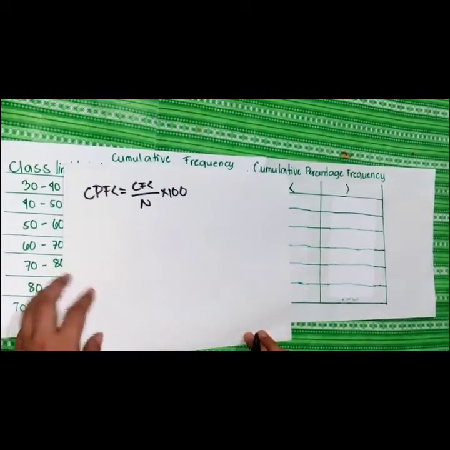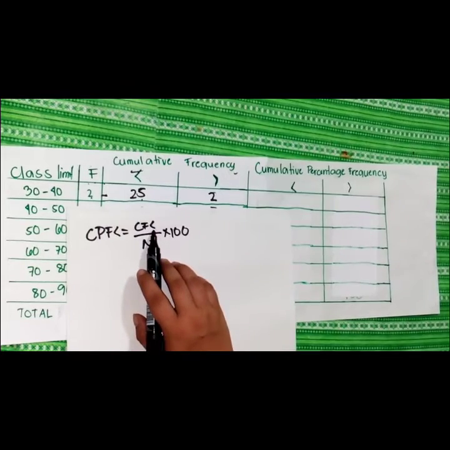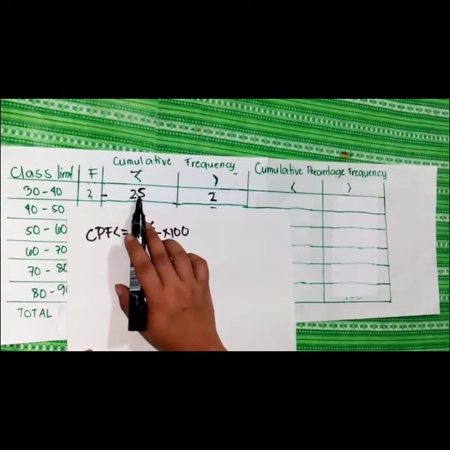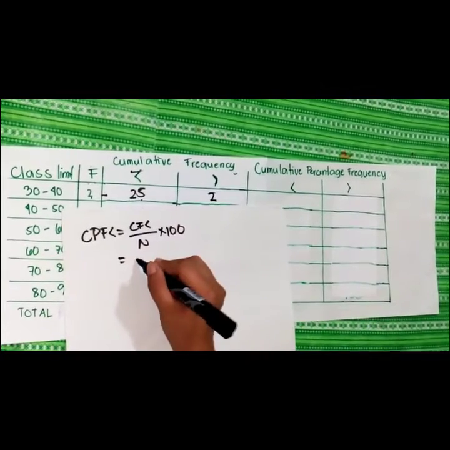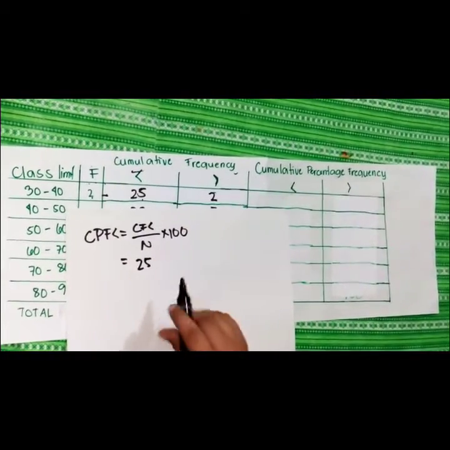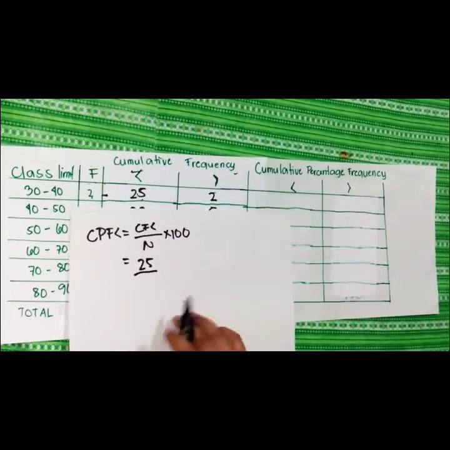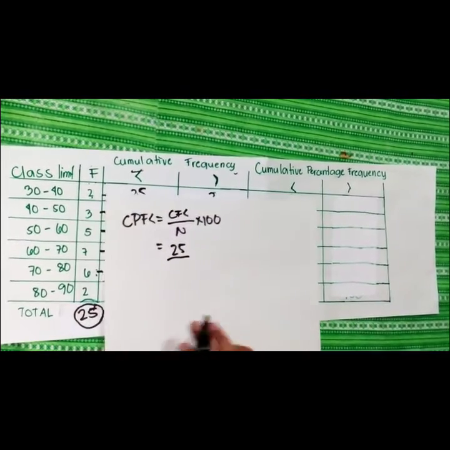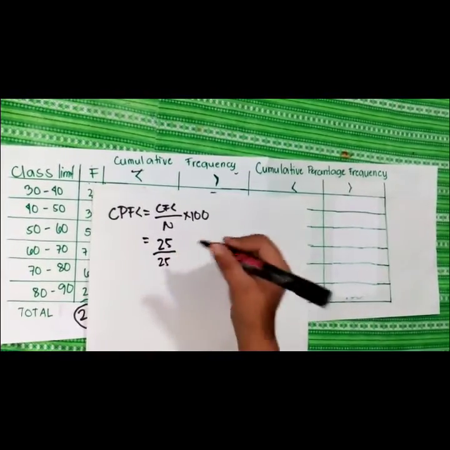In our cumulative frequency lesser than, we have 25, so we write 25 here. In our number of cases, we have 25 again, so we write 25 here again.